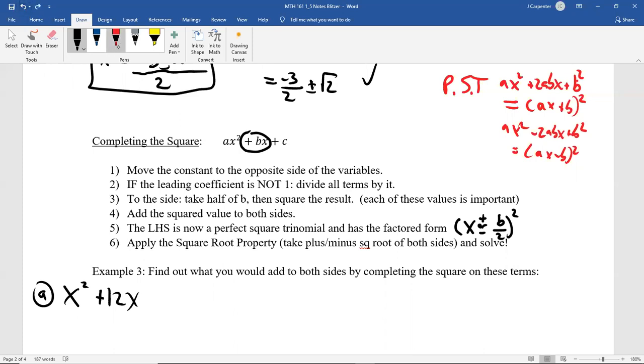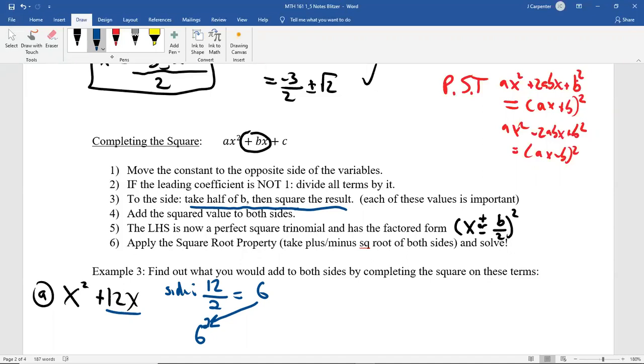All right, so to the side, you take half of the number in front of x. That's what that says. So we take the 12 and we half it, which is 6. Then we take that value, this 6, and we're going to square it.